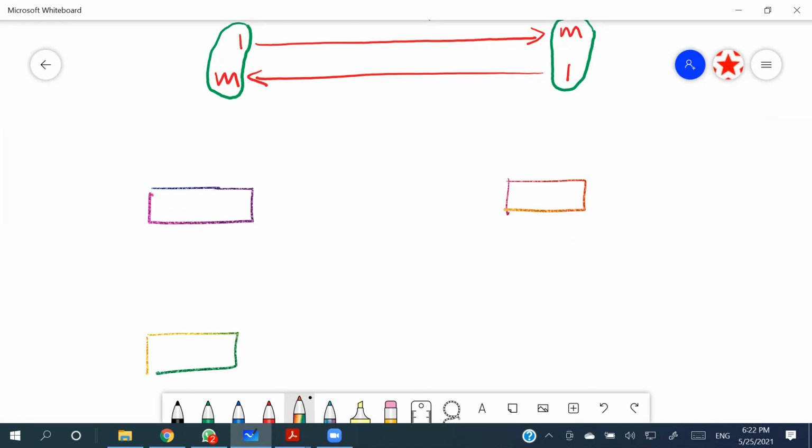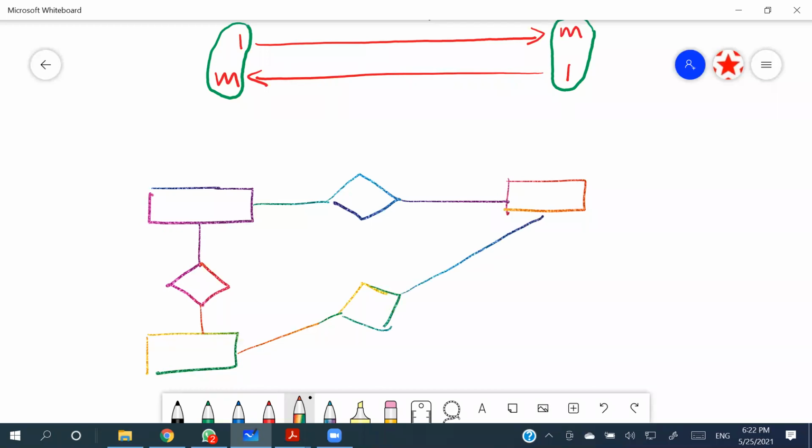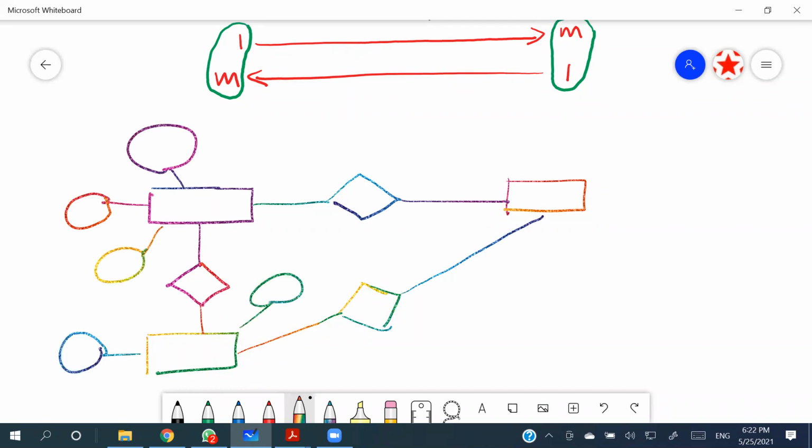Then you can create the relationships easily, according to the scenario, as well as put the attributes according to the scenario.